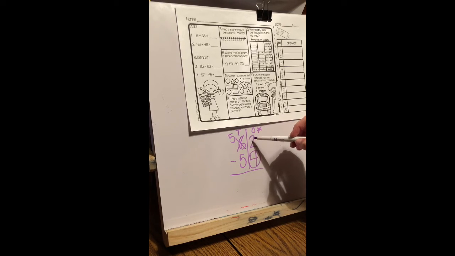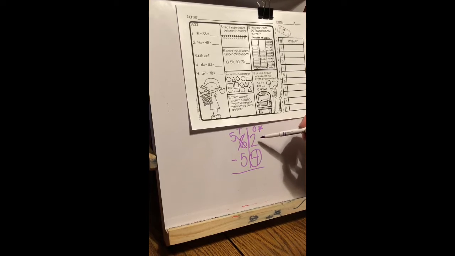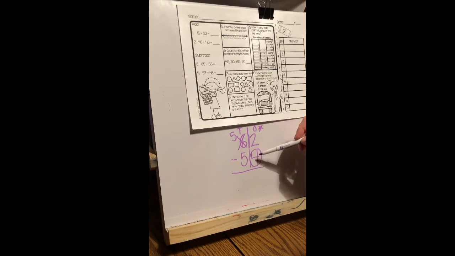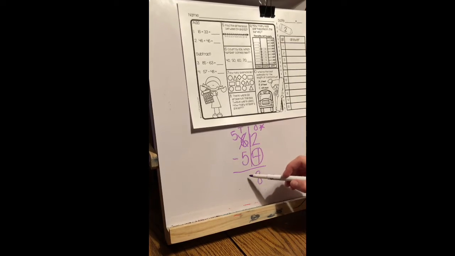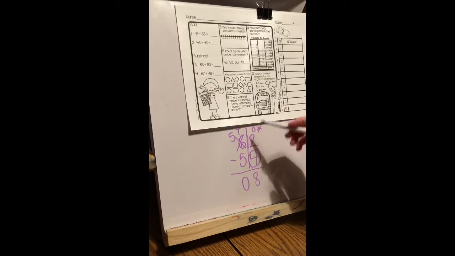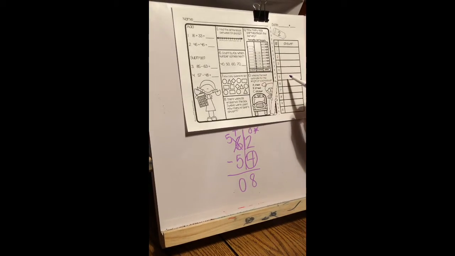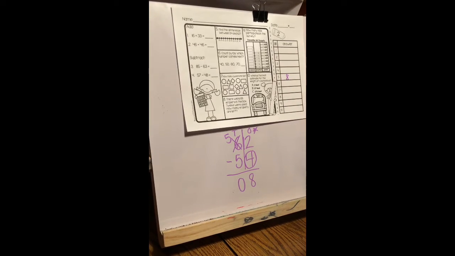Now we already had 2 little ones, so now we have 12 little ones. So 12 minus 4 is 8, and we have 5 minus 5, which is 0, so our difference is 8. So this is number 5, so we want to make sure we put it in the correct answer spot. So we would write 8 as our difference.